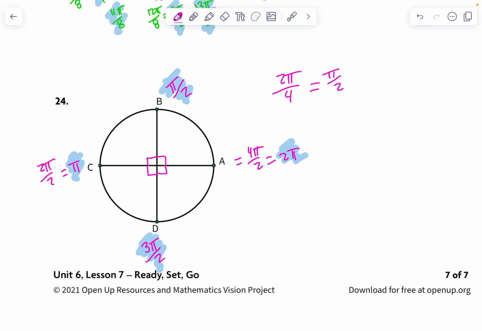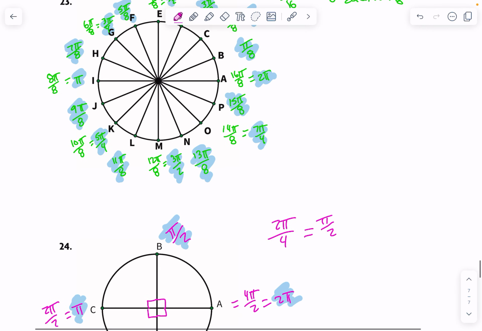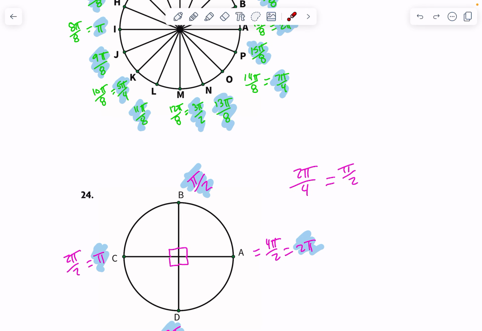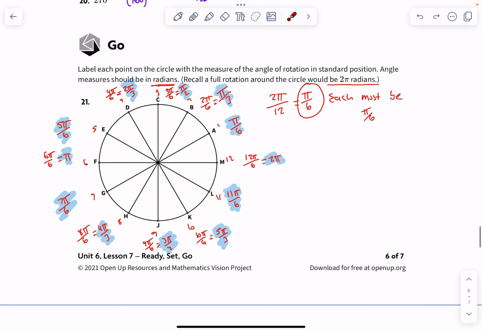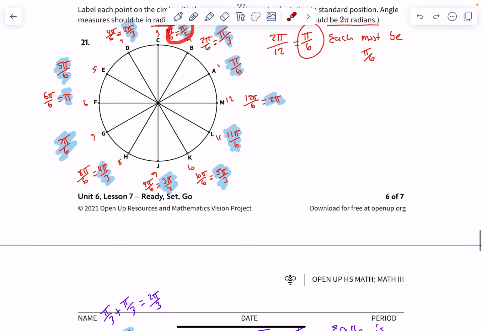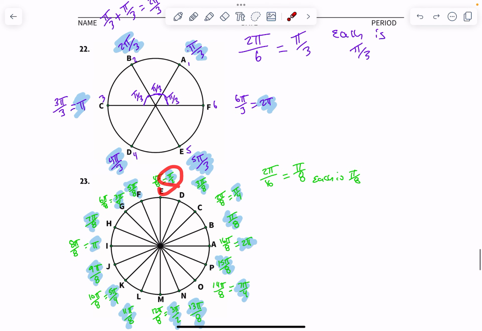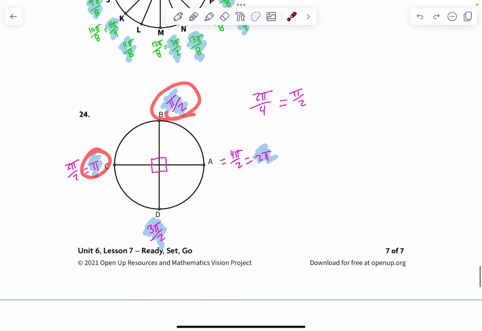Now, what did you notice, if anything? So I hope you noticed that at the top point right here, it's always equal to pi over 2, pi over 2, and pi over 2. Here, it's always equal to pi, pi, pi, and pi.